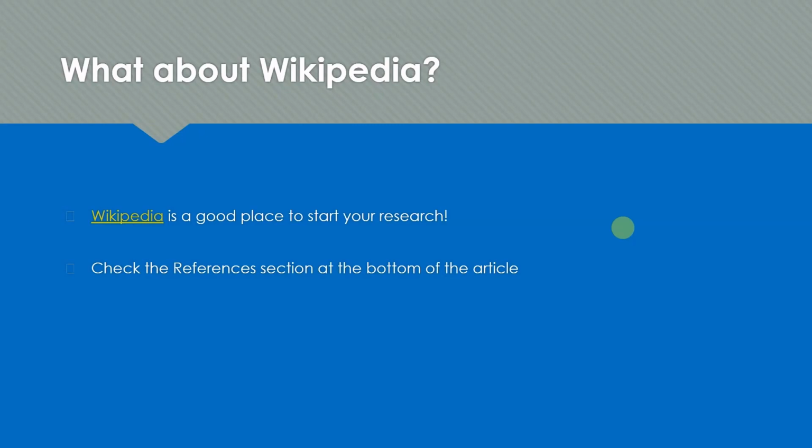Those are links to all of the sources that the Wikipedia author consulted while writing the article. And those will often take you to good sources of information. And again, it shouldn't be your only source of information. And you should also always check with your teacher to see if they're okay with you using Wikipedia as a source of information.